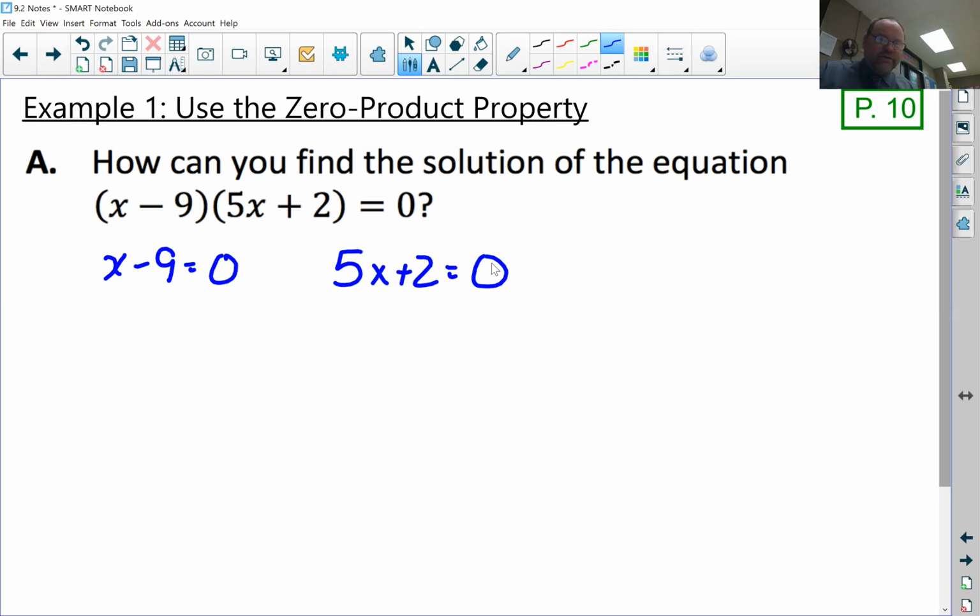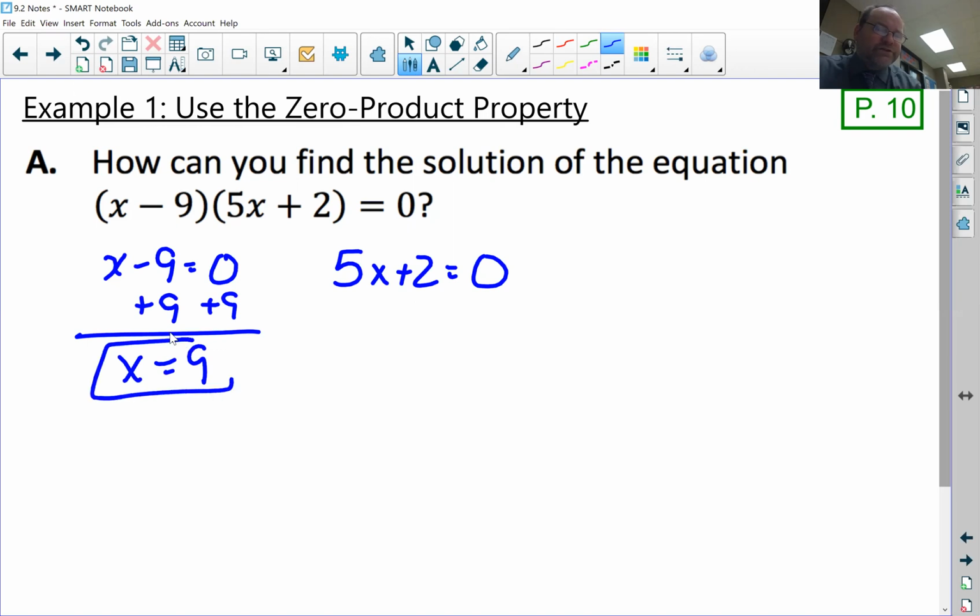And now we solve for x. So we solve by undoing addition or subtraction. So undo the minus 9 by adding 9 to both sides. So there's one of our solutions. X equals 9 would make that whole expression equal to 0.